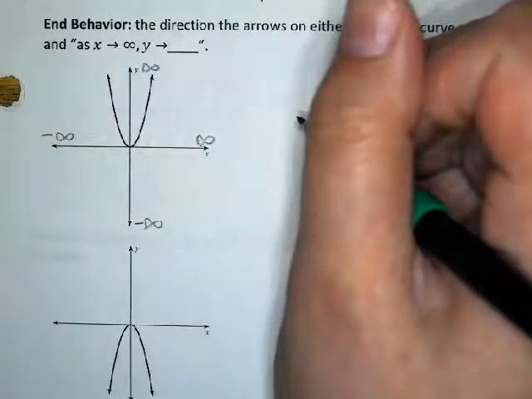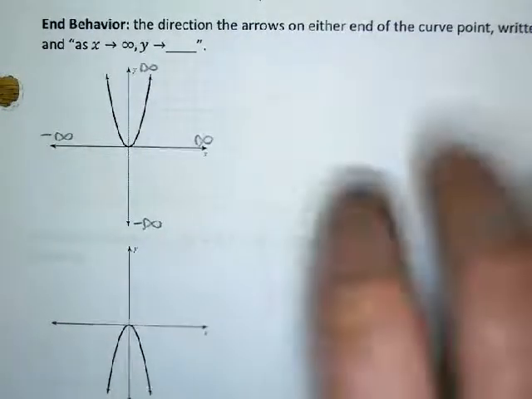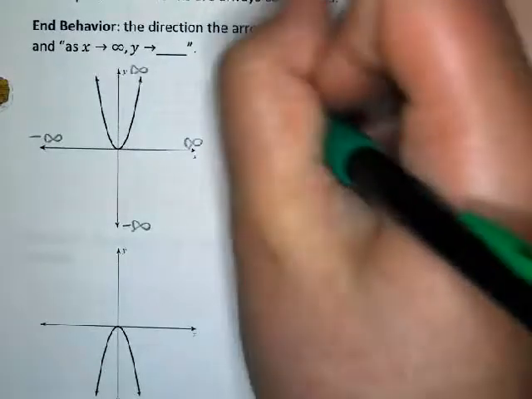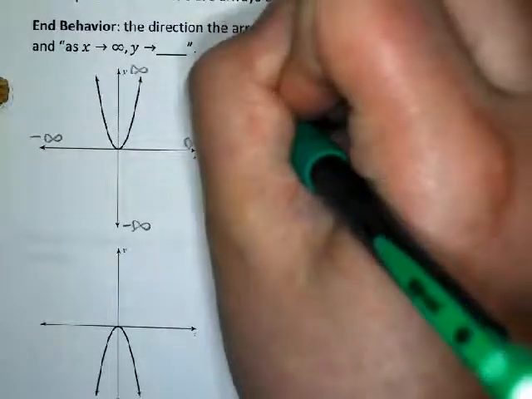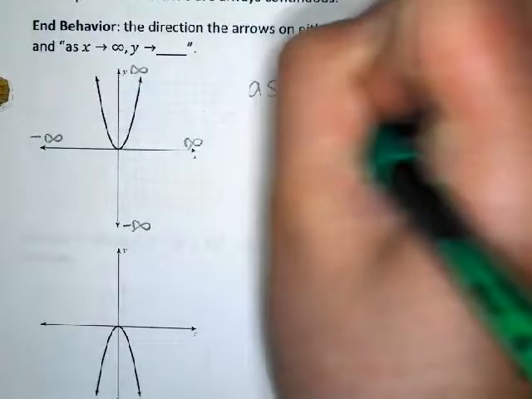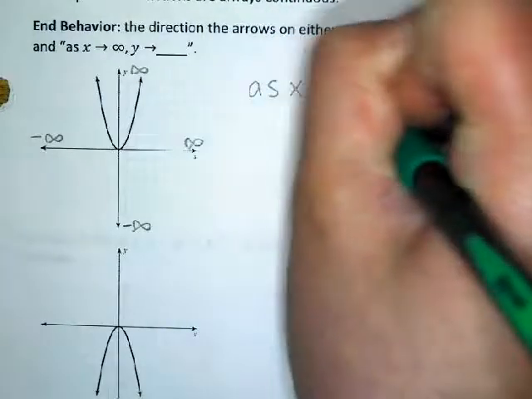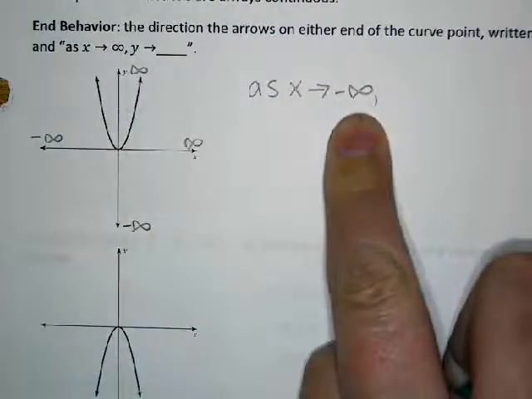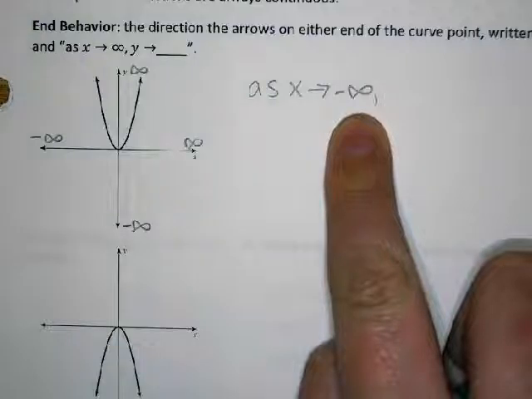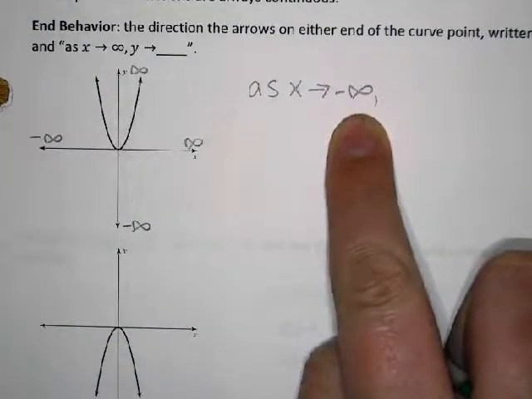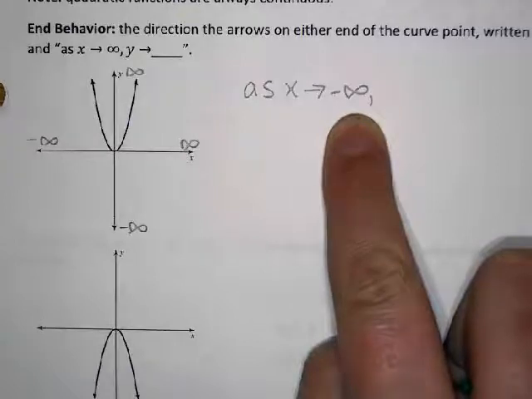Okay. All right. So on these, we say as x goes to negative infinity, and this is us saying, look at the left arrow. Look at the left arrow. So if you look at the left arrow, what is it doing? It's going up. So it is going to the left, but it's also going up.